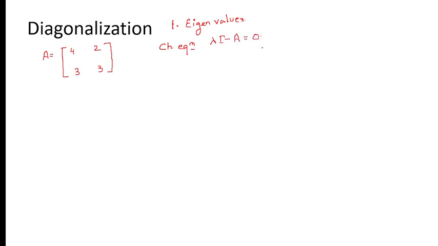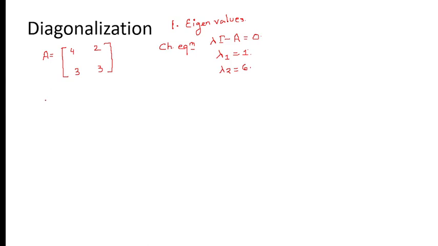If you solve this characteristic equation, you will get two values: lambda 1 will be 1 and lambda 2 will be 6.